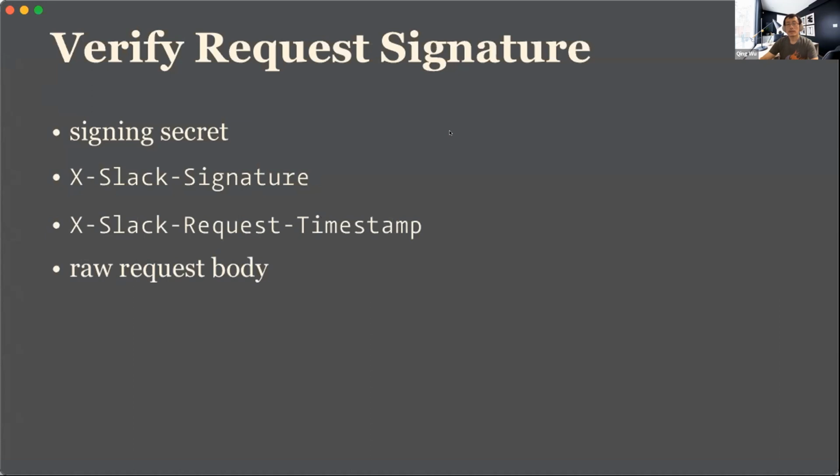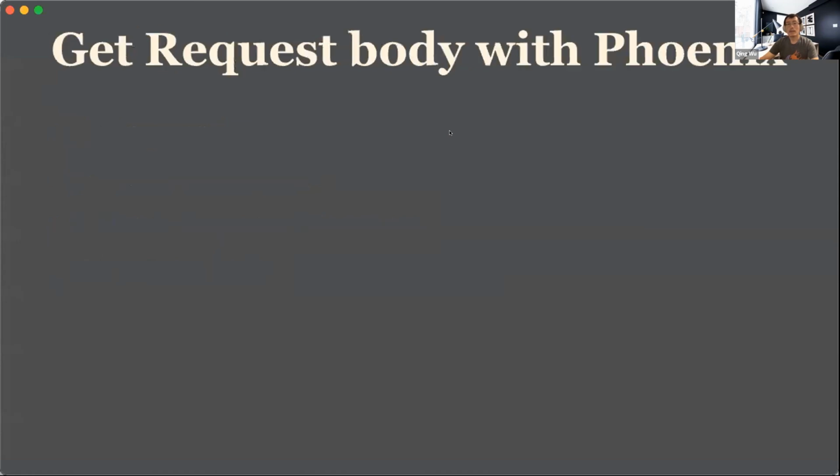Since I'm using Phoenix, getting the request body is actually not as easy as it sounds. With Phoenix, when a request reaches our controller, the body has already been turned into an Elixir map, which is super helpful for most situations, but not having access to the raw request body is not helpful at all when we need to calculate a signature from the request body.